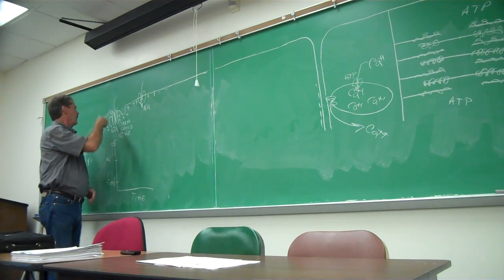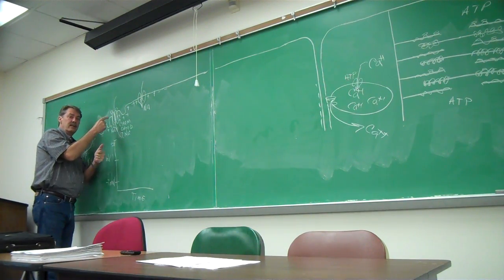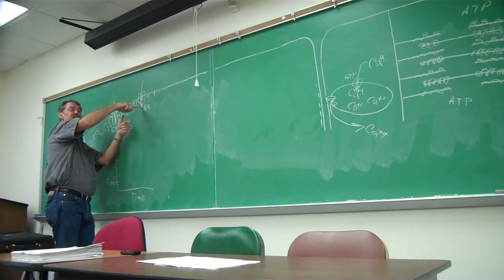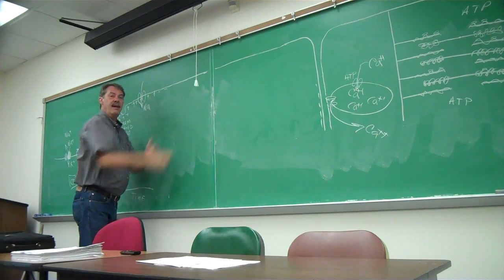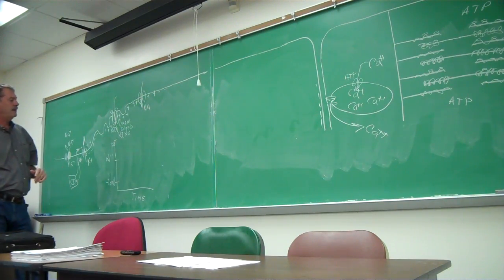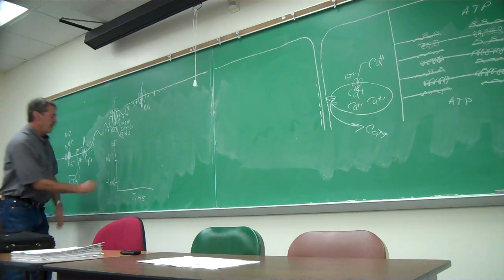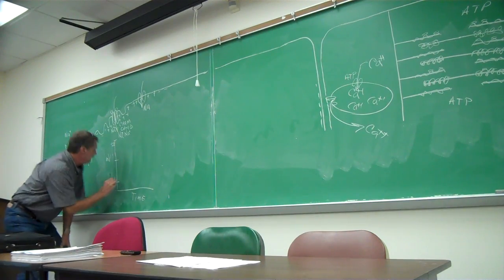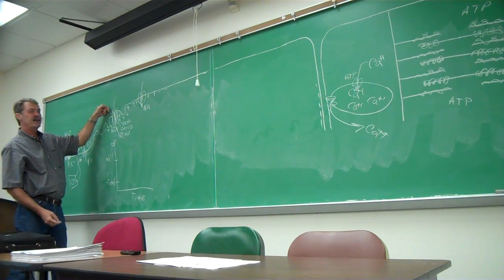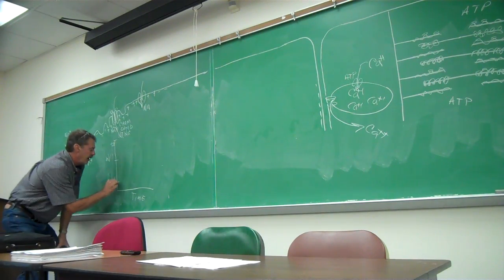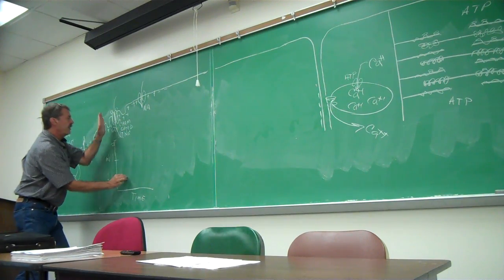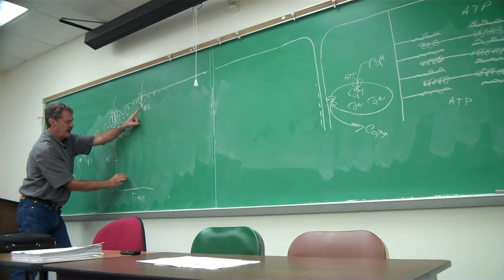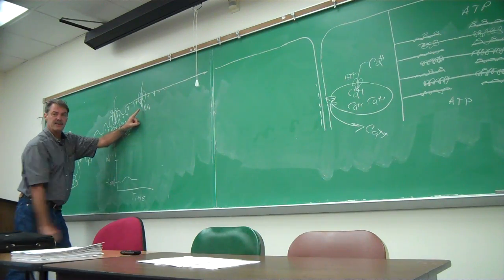So the chemical one is the trigger, but it triggers the voltage one, which then triggers the next voltage, the next voltage, the next voltage. And if we watch what's happening on the voltmeter, we'll see something like this. If I don't have enough chemical trigger here, I might get a little positive as some sodium comes in, but if I don't get enough to trigger this one, it's going to go back down and nothing happens.